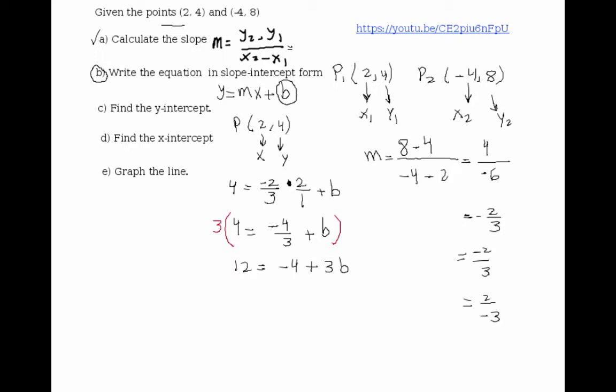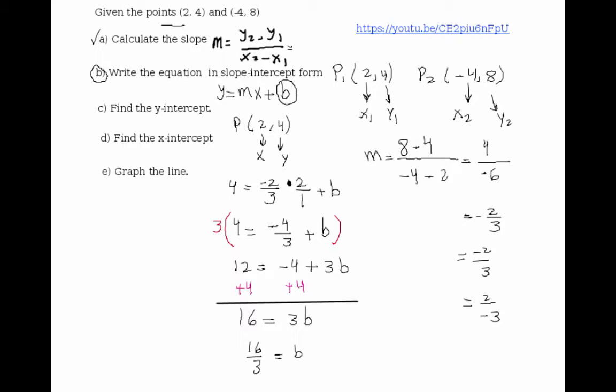So this is good. Now I can solve for b. To solve for b, what do we have to do now? Add 4 to both sides. On the left-hand side, what do I get? 16 equals 3b. And then I divide both sides by 3.